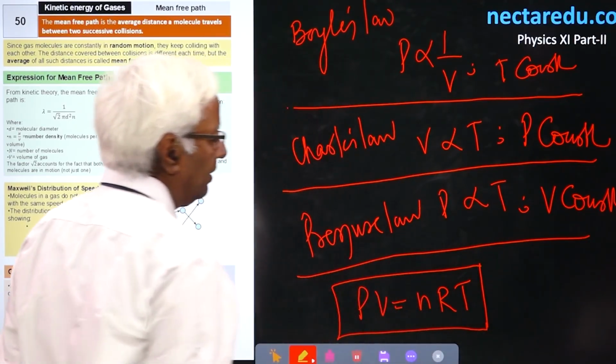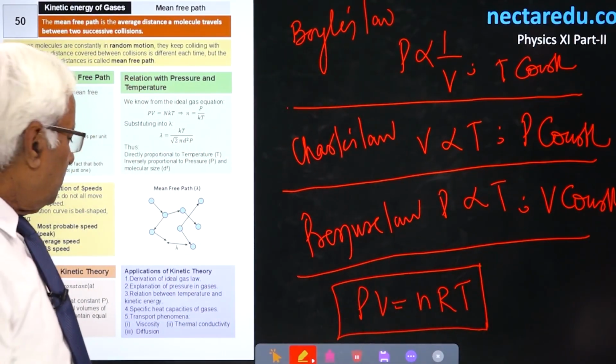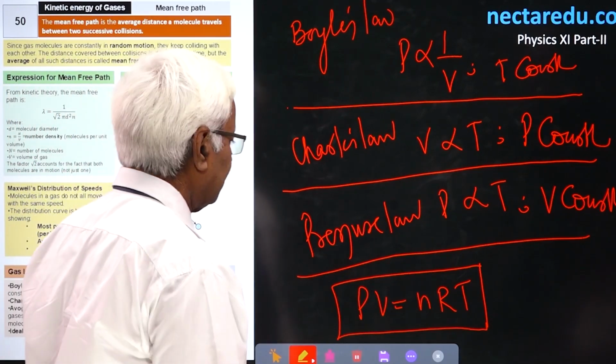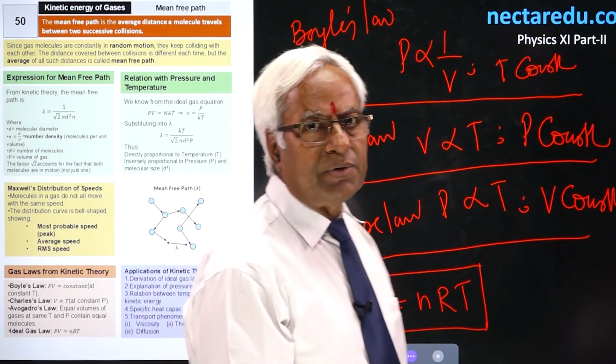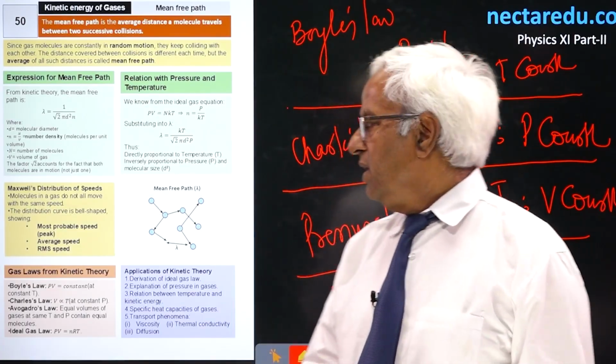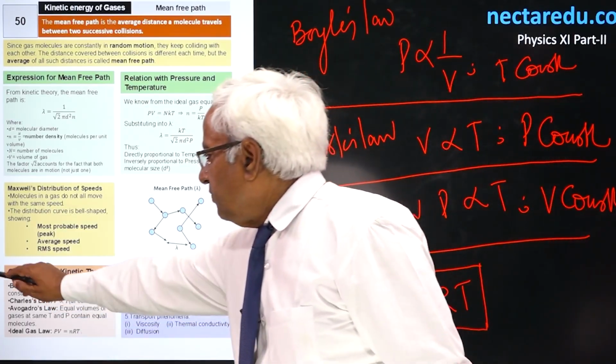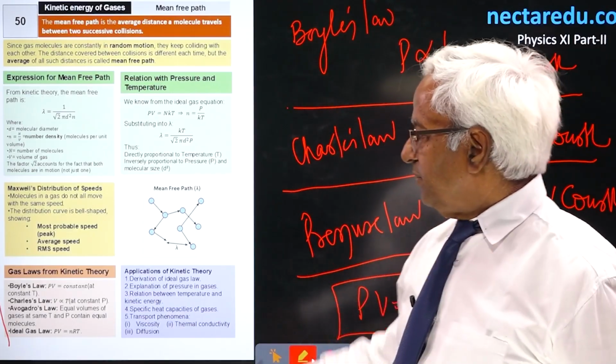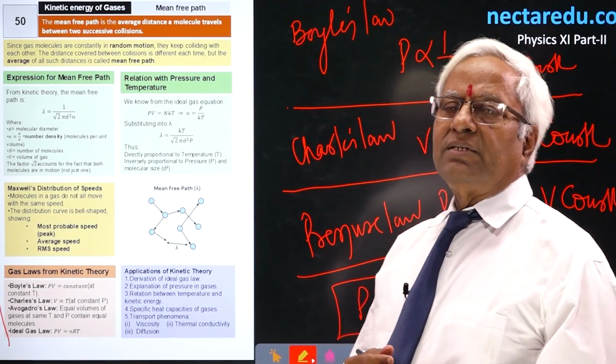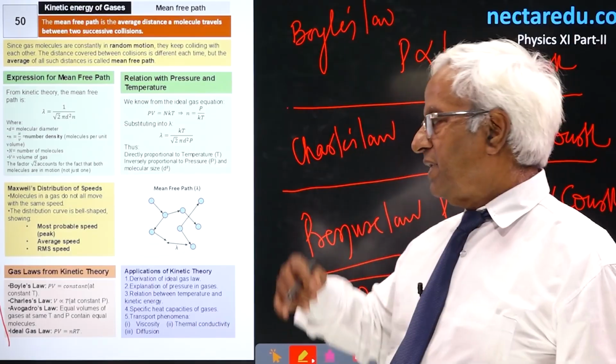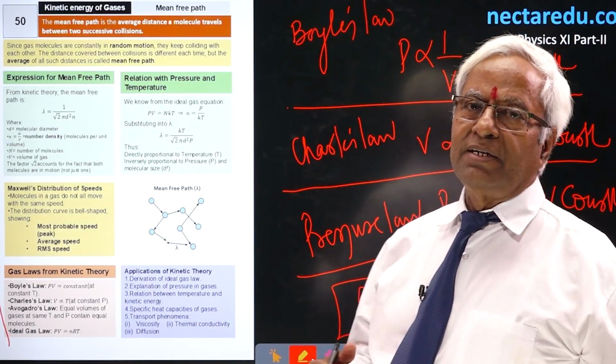Then you also know Avogadro's hypothesis that equal volumes of gases at same temperature and pressure will have equal number of molecules. The basic aim of revising all these laws at this juncture is that it's very interesting: we could derive all these laws with the help of kinetic theory.